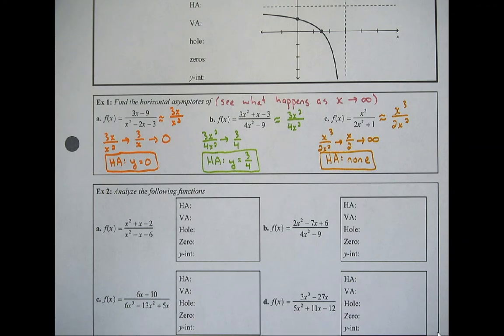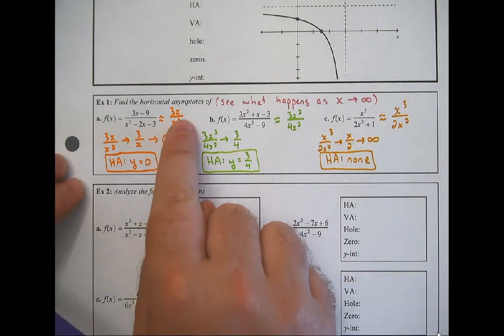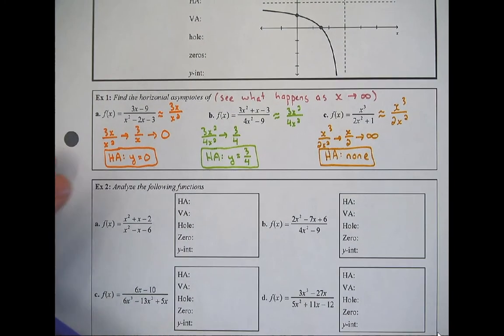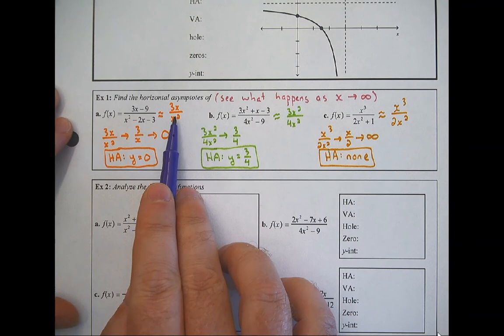What's the quick way that we can just look at this and identify right away which scenario we're in? My advice is take a look at how many x's you have in each scenario. What do you notice? Well, hopefully you notice that in this case, there are more x's on the bottom.